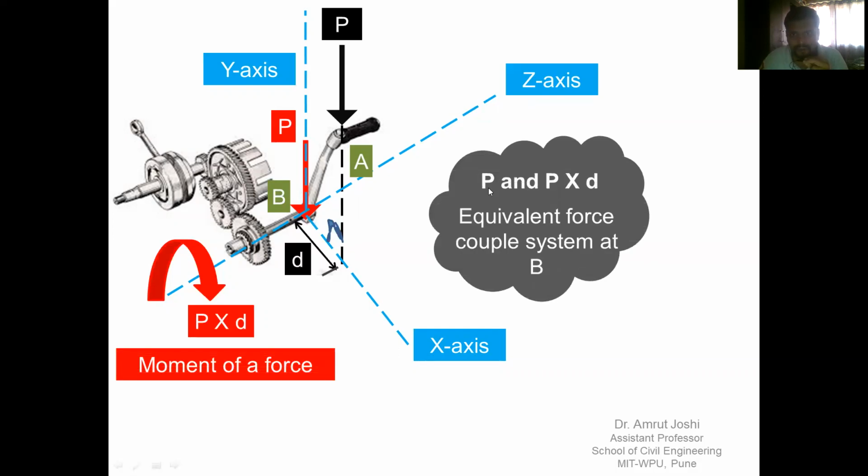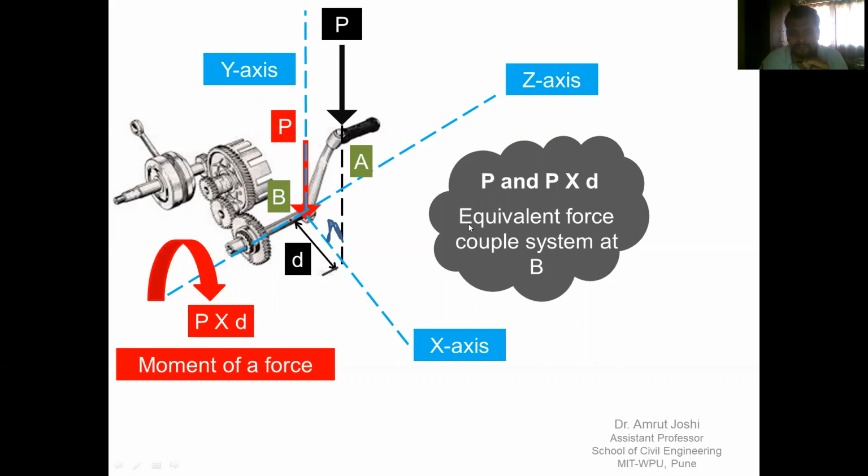So therefore, force P applied at A has a twofold effect at point B. One of its effects is force P as it is, that is, a push of magnitude P. And the second effect is the tendency of rotation under the moment of a force defined as P into d.